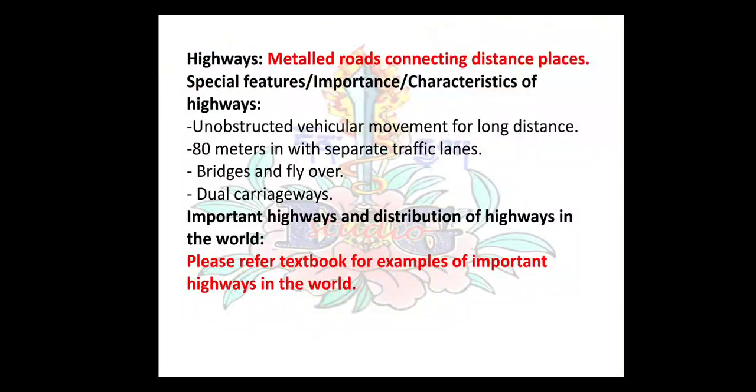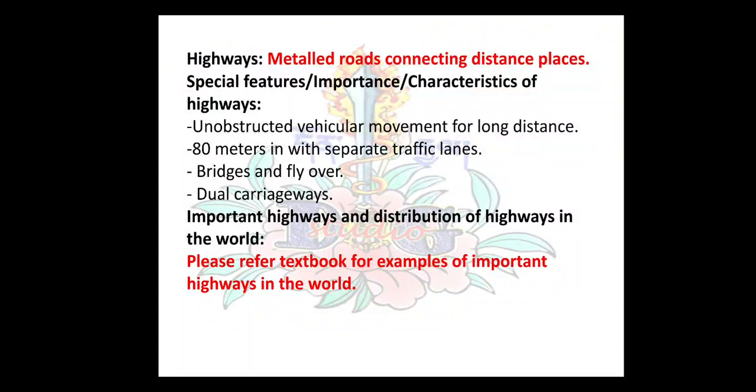Almost all the highways are metalled roads, pakka roads. And one main characteristic of highways is that they connect faraway places, long distance places. So highways are meant for connecting long distance places. This is called highways.